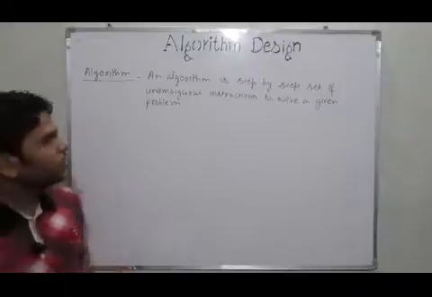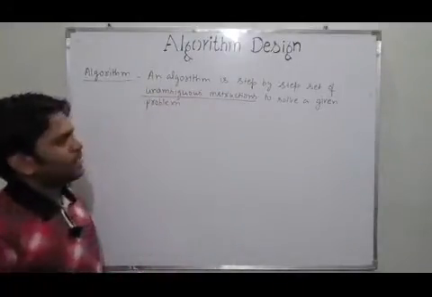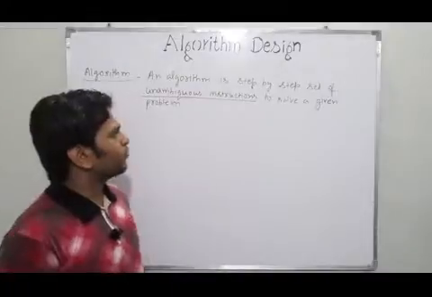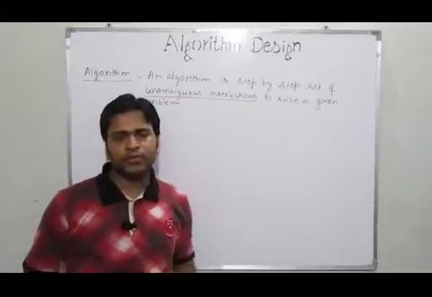So when we talk about an algorithm, what we mean is that as a programmer we are supposed to define a set of unambiguous instructions to solve a given problem.